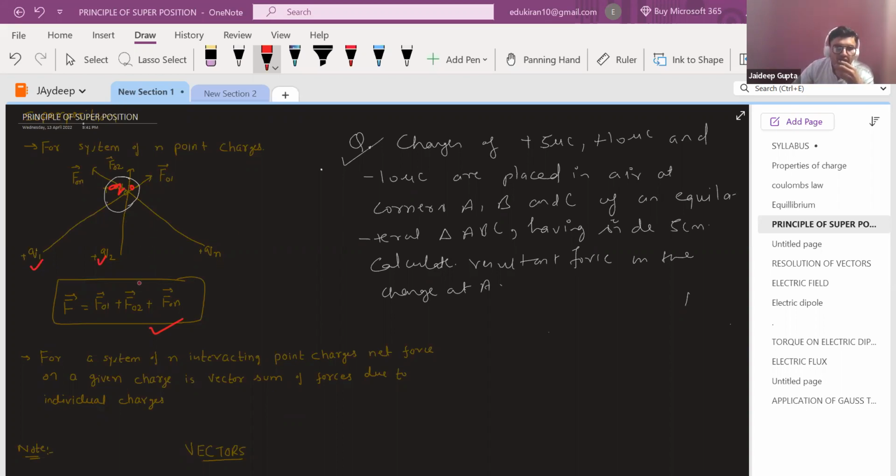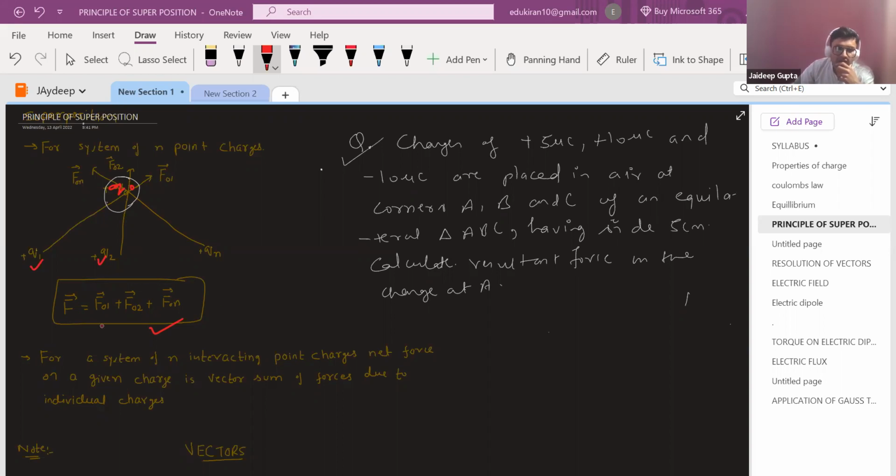Look, let it be n number of charges, and if we have to calculate the force on any one charge due to the rest of the charges, we will add the force due to a single charge, then the second, then the third, up to n charges, using the vector law of addition.